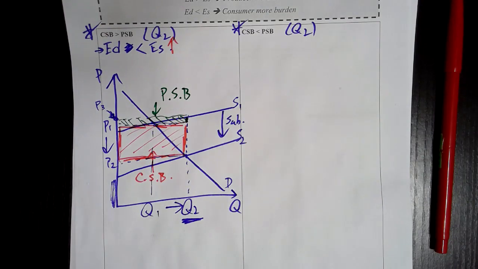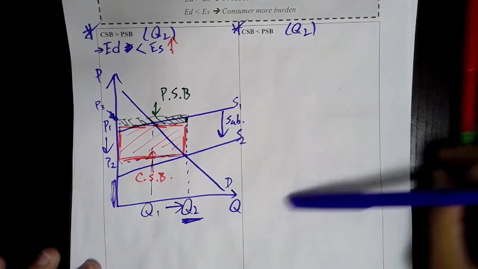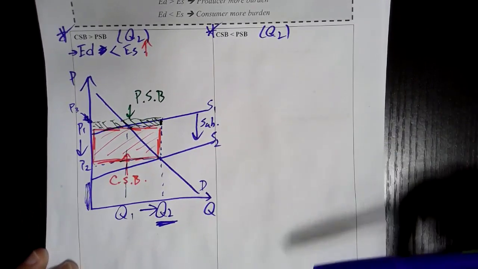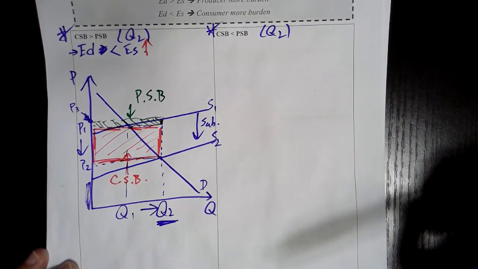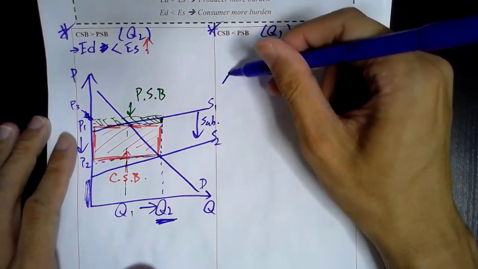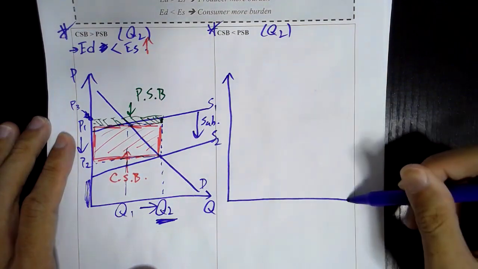Correct. Now, my suggestion: pause the video for about one minute and try to draw the next graph before you resume. Okay, here we go. I'm assuming you have paused the video, so let's check the answer.